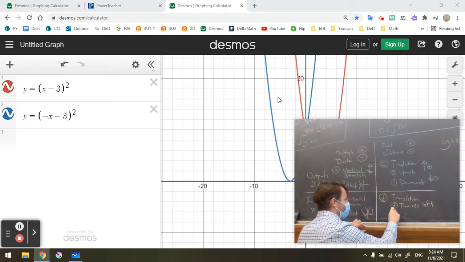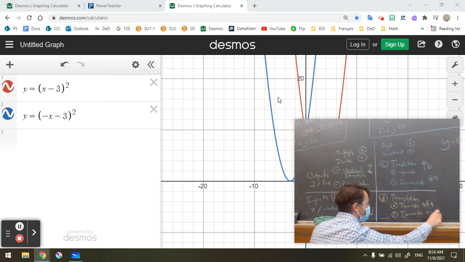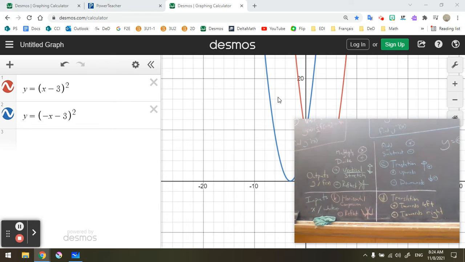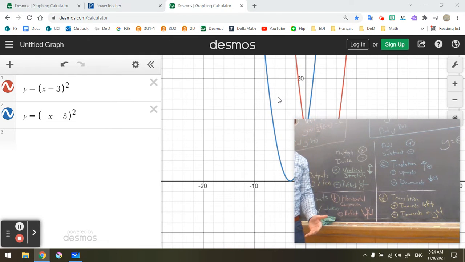And a negative number there is towards the right. And those are the 4 things that I can do to a function. I can multiply or divide outputs or inputs. I can add or subtract outputs or inputs. And that gives us a guideline to how I do that.